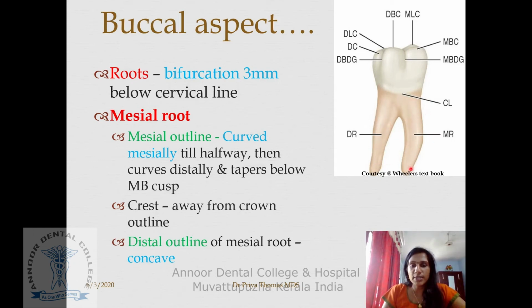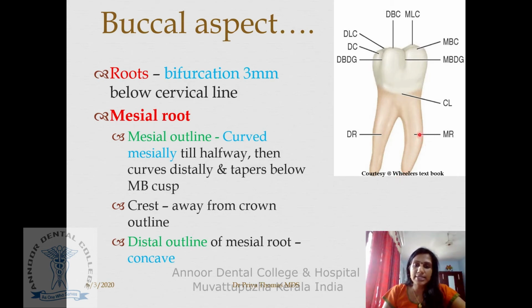Now, when you look at the mesial root, you see this looks more curved than your distal root. And we'll go into the outline of each. So you have a mesial outline here and you have a distal outline. Your mesial outline, if you see, it is curved till the middle portion. So till halfway it is curved and then it tapers distally. From here it is going to taper towards the distal side.